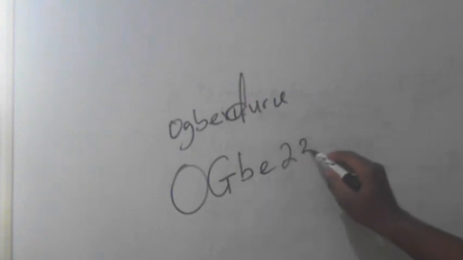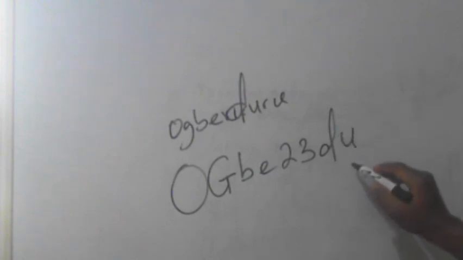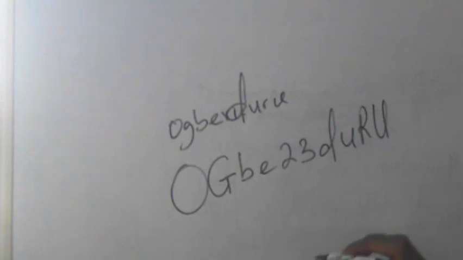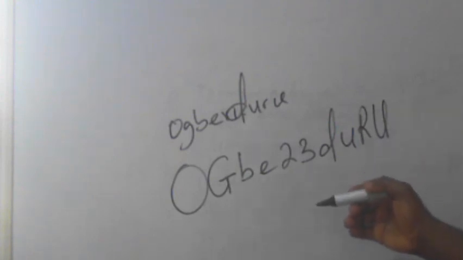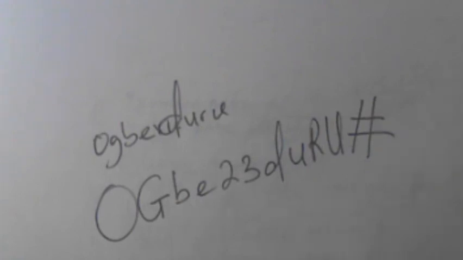Okay, 2, 3. Then I go DURU, and then I add probably a special character like a hash. So what have I done?